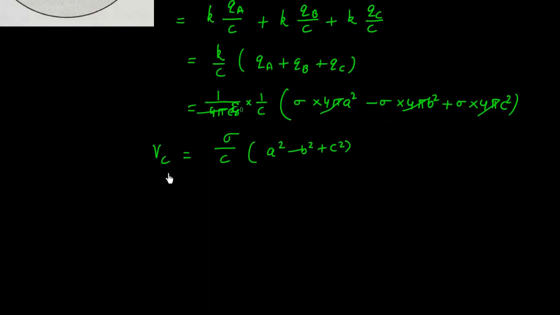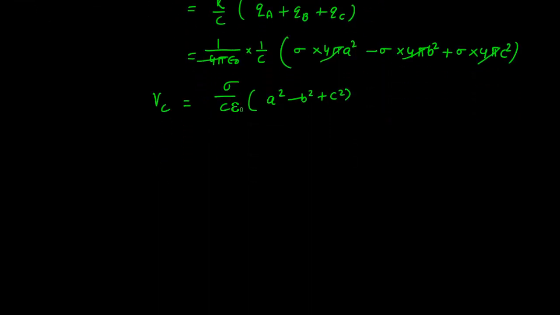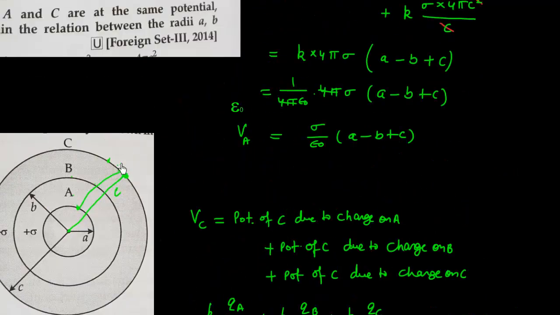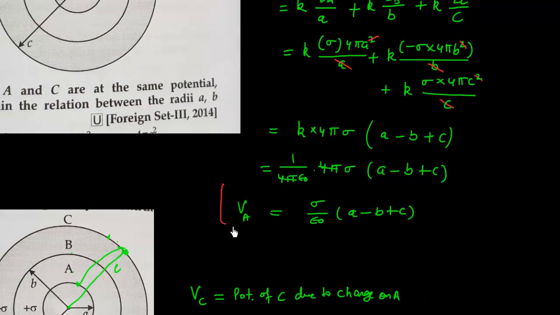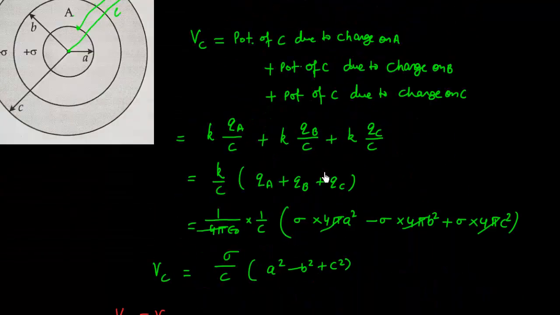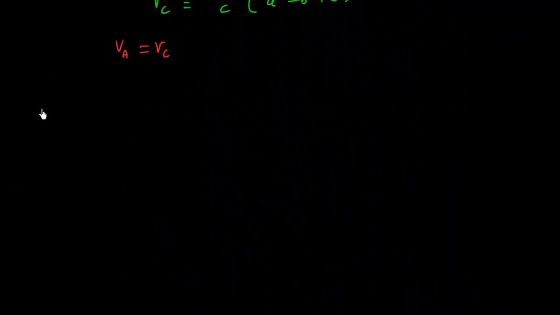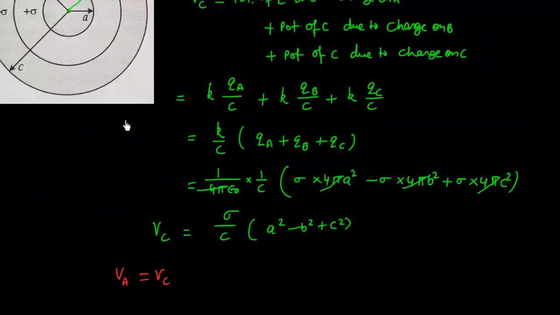Now we have a relation given by the equation VA equals VC. We know VA is sigma upon epsilon naught into (a minus b plus c). Let's check it is correct.